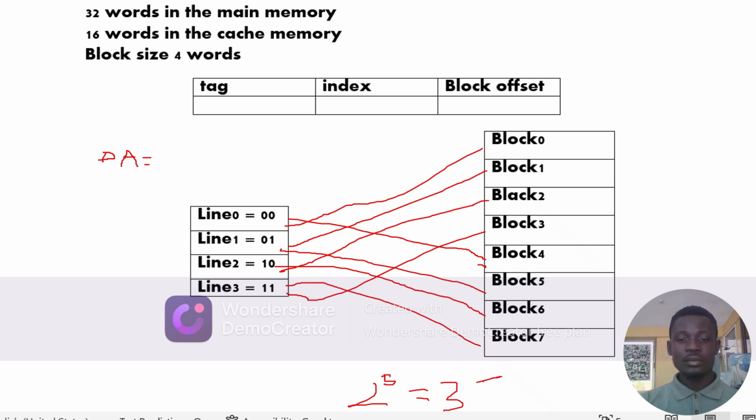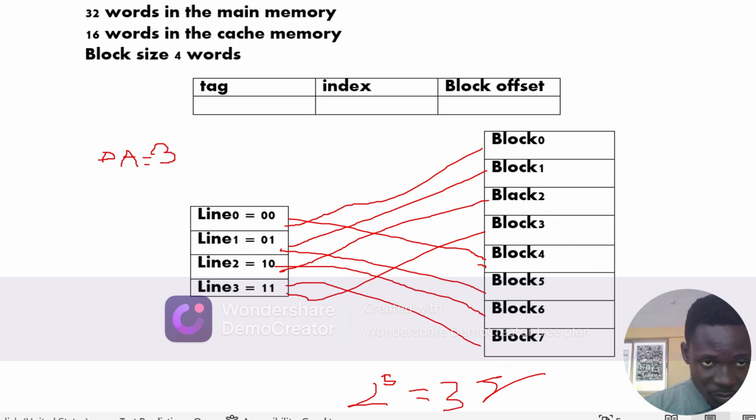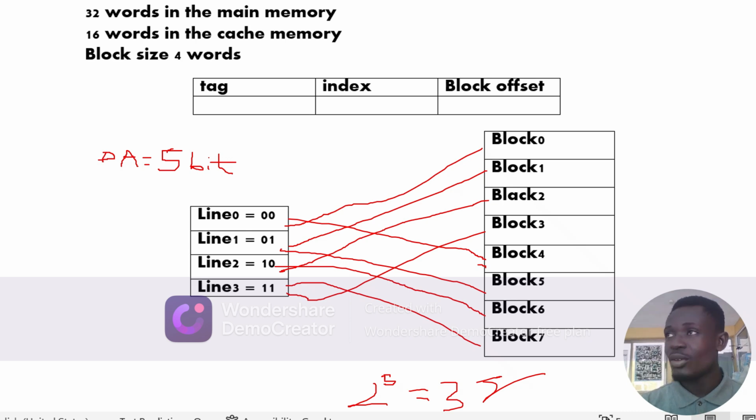It means this physical address needs 5 bits of address.